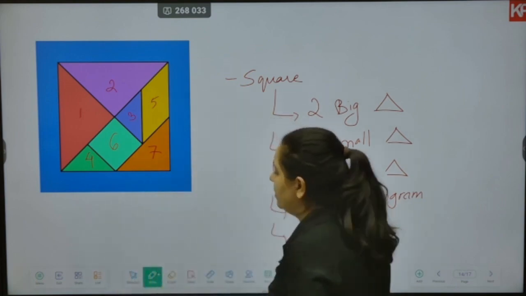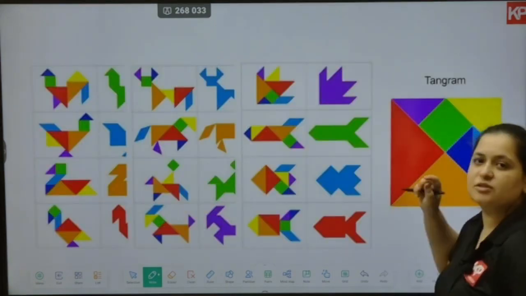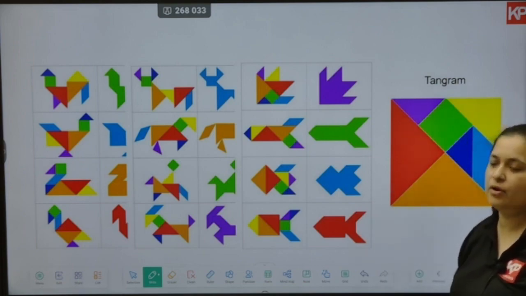Okay, you can remember it for the ease of solving questions in exams. And with these smaller shapes, you can make n number of patterns, n number of diagrams.